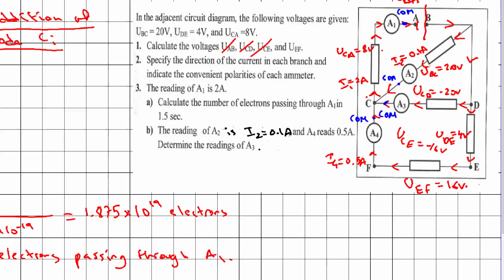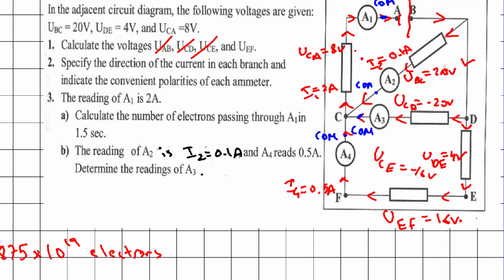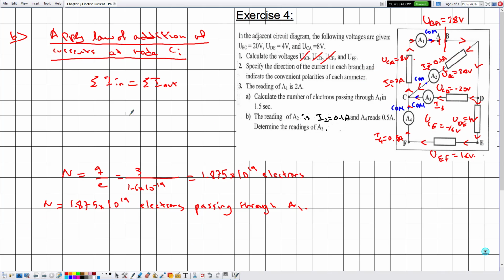So notice that in this case the law is given by the summation of I in is equal to the summation of I out. What are the currents that are entering the node? They are given by I2, I3, and I4.